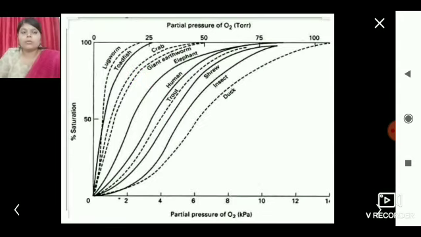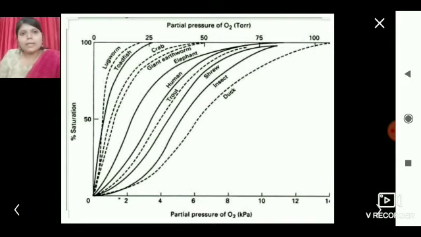Next is the partial pressure of the oxygen, and here is the saturation. Of course the graph is the same, but this graph shows how it is different for different organisms.